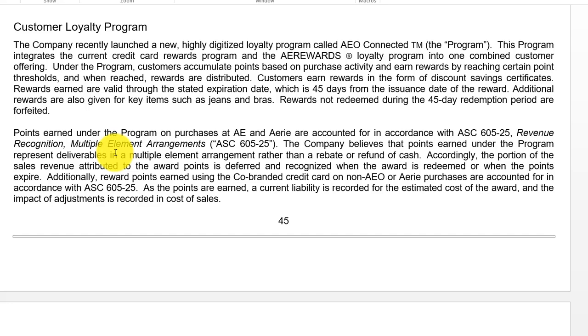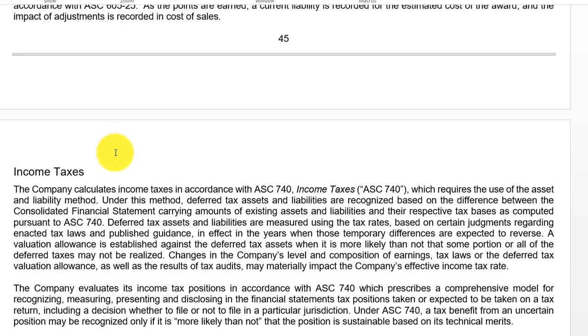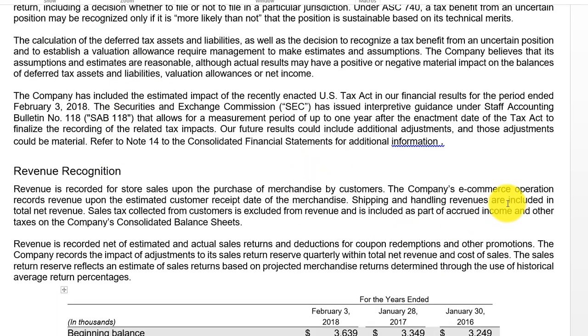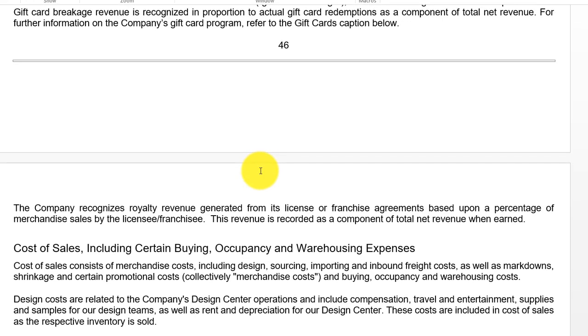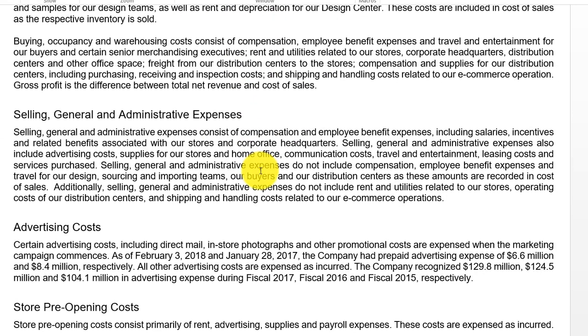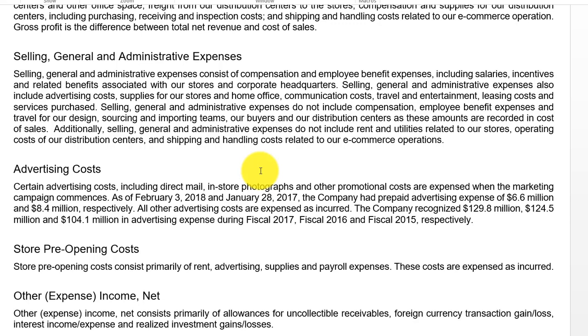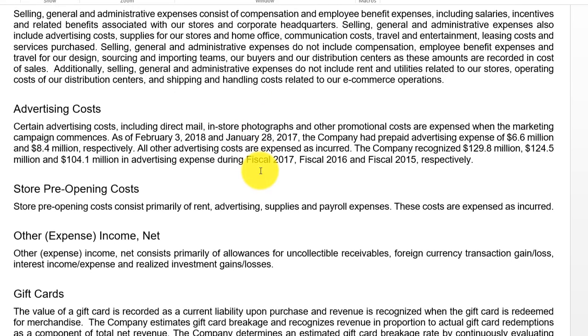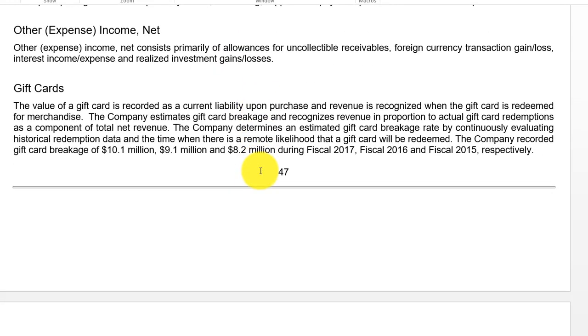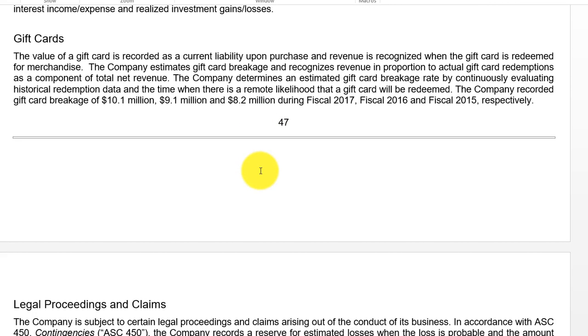But this gives you an idea of how revenue recognition or other principles are applied, income taxes, and then as you can see, this just keeps getting more and more detailed, and it actually will deal with several of these things. What constitutes what they mean by various expenses, how they're measured, how they're reported and shown on the financial statements, why they are relevant, how much they are, that sort of thing.